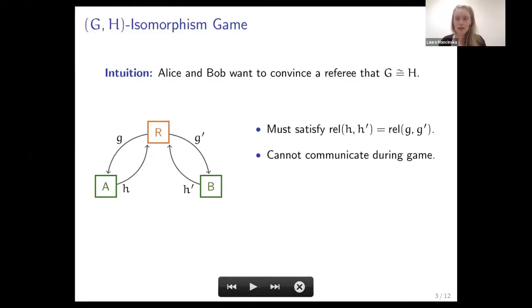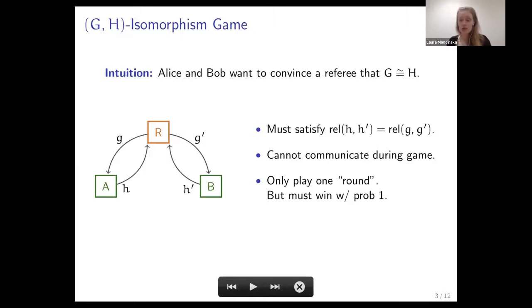Our provers can agree on some strategy beforehand, but we're not going to allow them to talk to each other after they have received the question vertices g and g prime. We will be interested in the question: when is there a strategy for our provers that allows them to win this game with certainty, irrespective of which vertices g and g prime the verifier had selected?